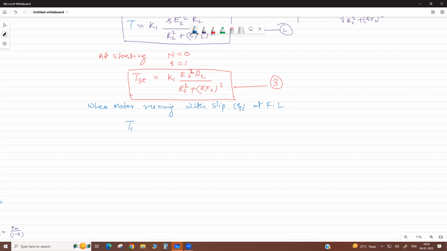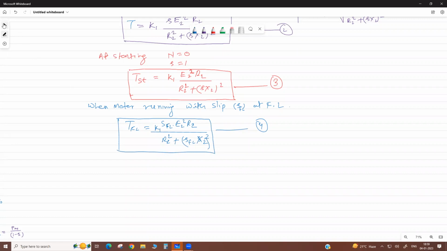So there will be a full load torque, that is again K1, here we write the full load slip, into E2 square R2 by R2 square plus, here you write the full load slip, then X2 whole square of this. So this is your full load torque, my dear.